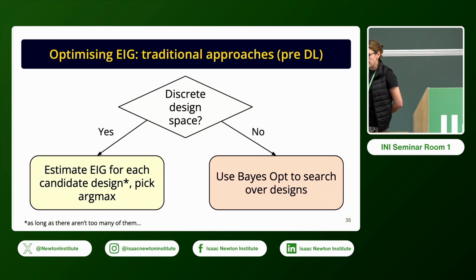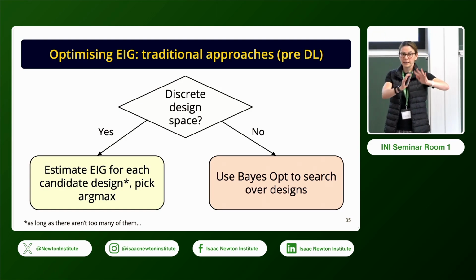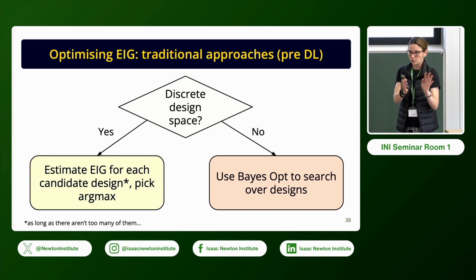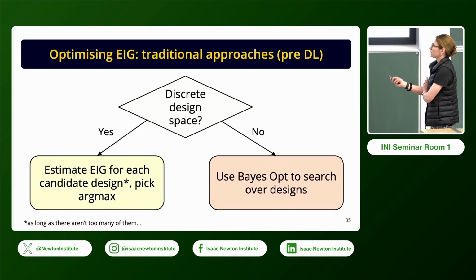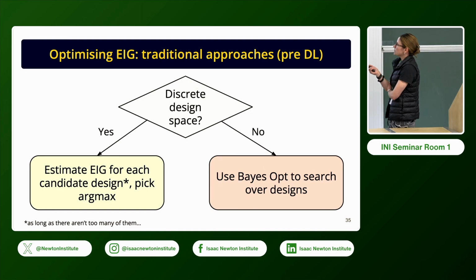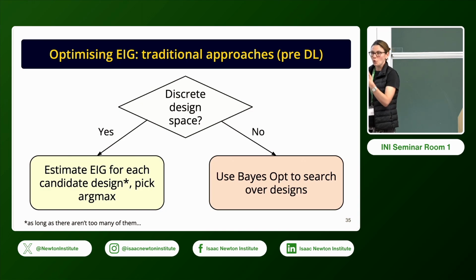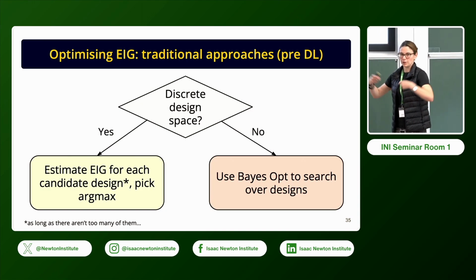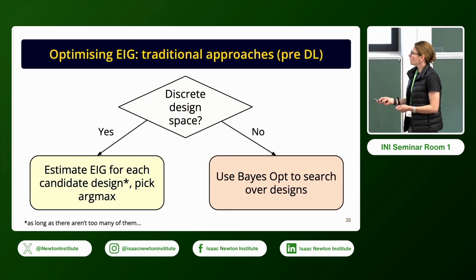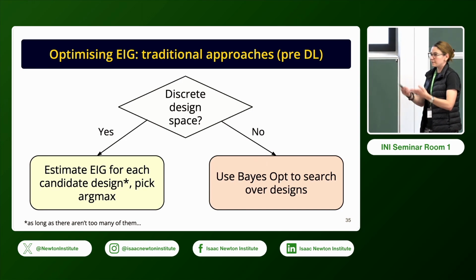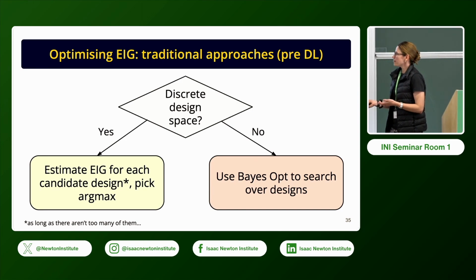When it comes to optimizing the EIG, let's assume that we can estimate it somehow using nested Monte Carlo or any of these other methods. What then happens is, generally people look at what the design space is, and if it is a small enough discrete space so that you can enumerate all possible designs, you would estimate the EIG for each of these candidate designs and pick the argmax, right?